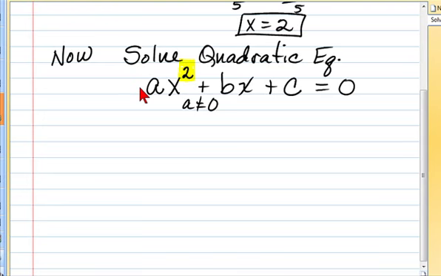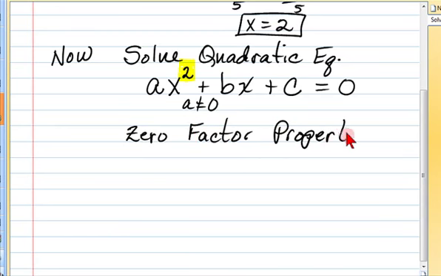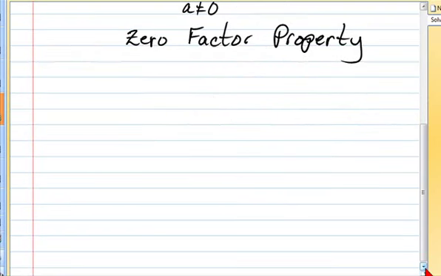Okay, one other thing. First thing I needed to do was just introduce you to what a quadratic equation is. The next thing I need to tell you about is something called the zero factor property. And even if you didn't realize it, you already knew this. If A times B is equal to 0, and I'm going to start that with the word if.